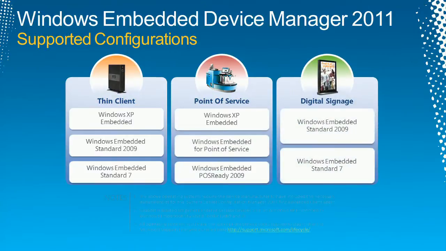Now we're investigating what we're going to do for the future because we run into this interesting challenge about the future version of SCCM coming out, and so making sure we do things that make sense between this version and the next version. But just to highlight why, well, one, the list of operating systems that this product supports is listed up here: Windows XP Embedded, WES 2009, WES 7, the point of service variants as well.